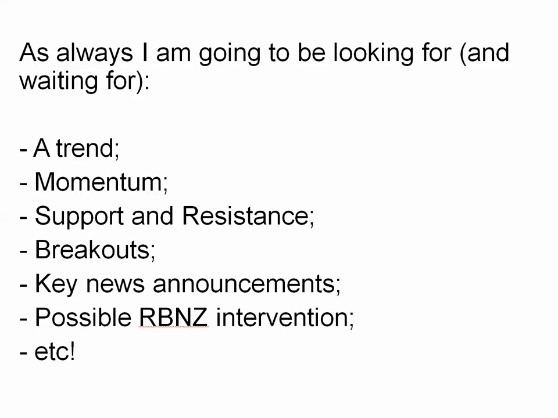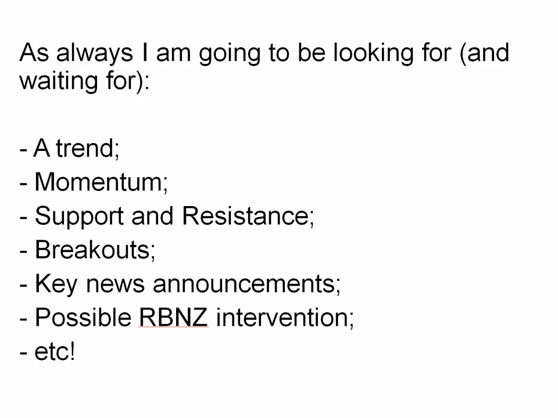As always, I'm going to be looking for and waiting for, from the 4th of August onwards, the following: a trend. A 4-hourly or an 8-hourly downtrend would be a good starting point. Momentum. Is there momentum to the downside? Is there support and resistance? Has price broken down through support and resistance? And is there some protection on the upside so that I can put my stop in place and have some protection?